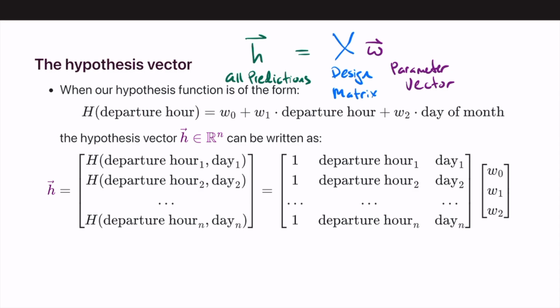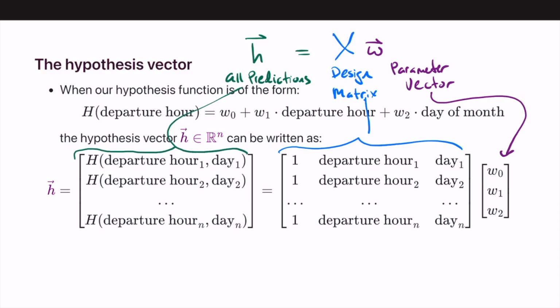And let me just put this down, our parameter vector, and then our design matrix, and then our all predictions. So that's pretty much what's happening.